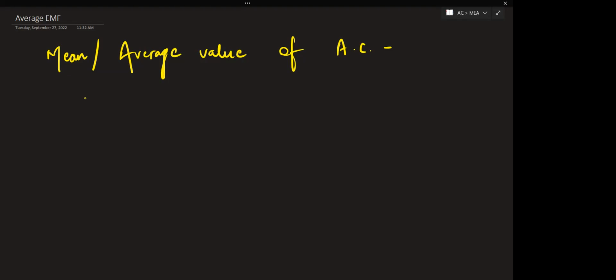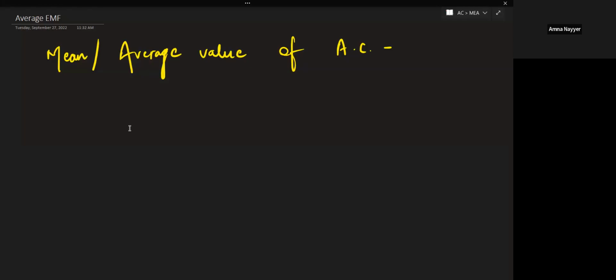What is the mean value of AC? Now this is calculated in 2 parts: first for one complete cycle and one for half cycle. Now what is meant by complete cycle? What is meant by half cycle? When we did the AC dynamo, that's why we had done AC dynamo first. When we did AC dynamo, what did I tell you?